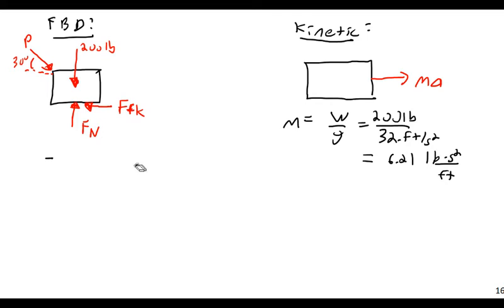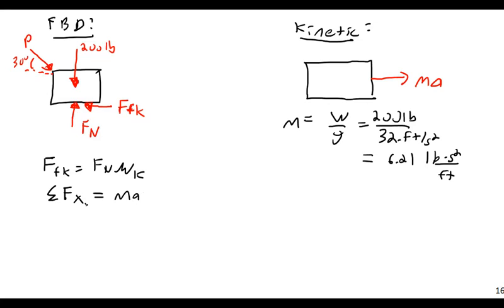Okay, we know that the force of friction, kinetic, is equal to F normal times mu kinetic. This is what I'm going to use in my summation of forces in the horizontal direction. The summation of forces in the x direction equals ma.